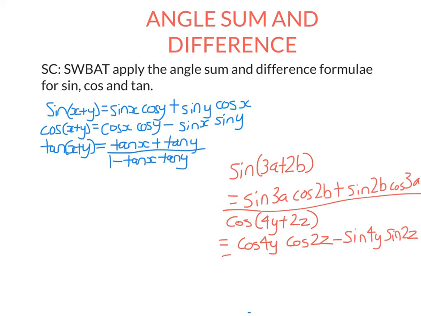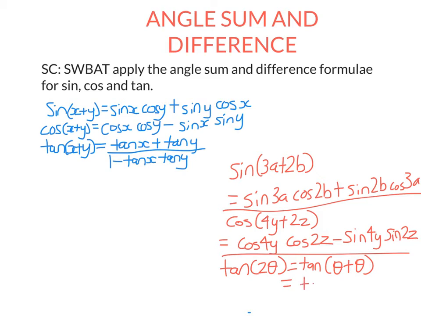So let's use the tan one. Let's say I want to find tan of 2 theta. Of course 2 theta is just theta plus theta. So if I substitute that into here, I just change x and y to theta.